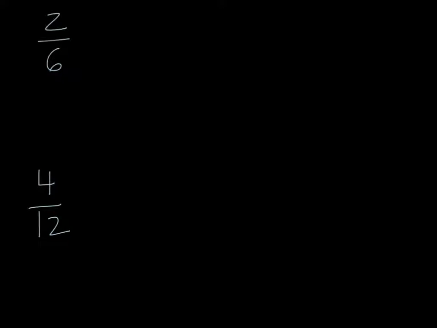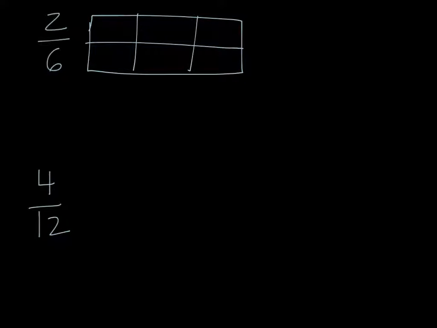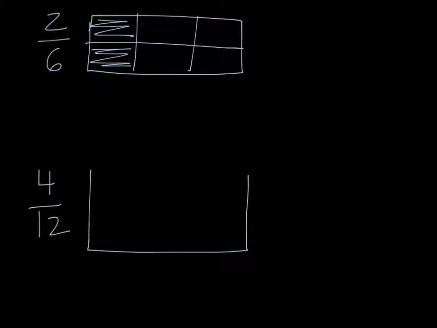For this next problem, I'm going to take these 2 fractions, 2/6 and 4/12. I'm going to draw my area models. I'm going to make this 2 rows of 3, and I've got 1, 2 equal parts shaded. Here I'm going to draw a similar size candy bar.